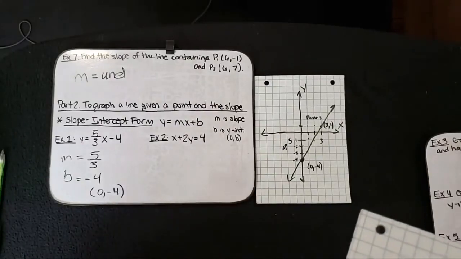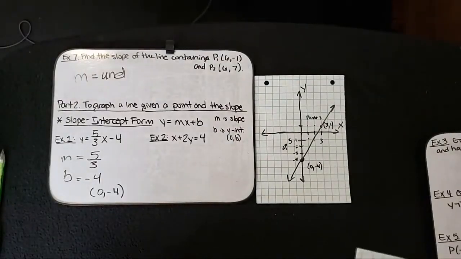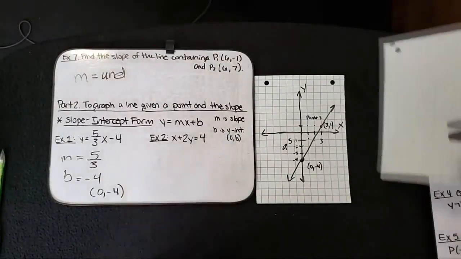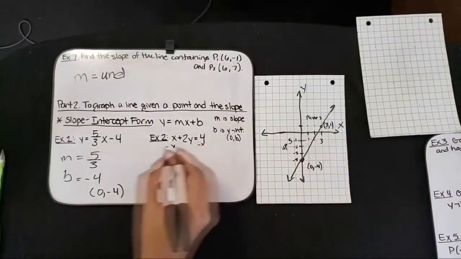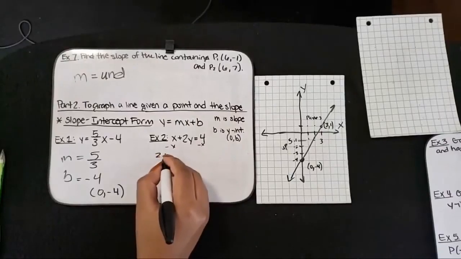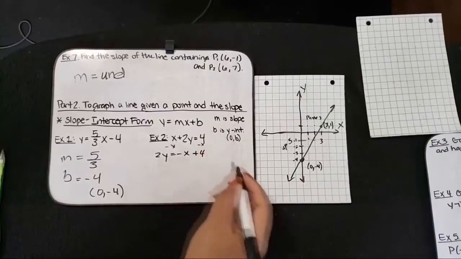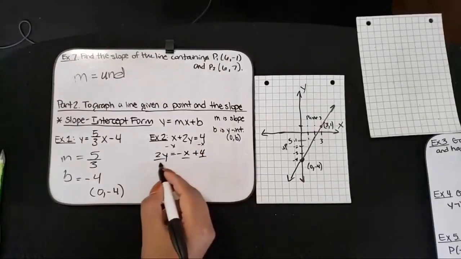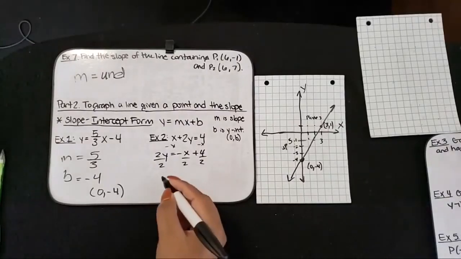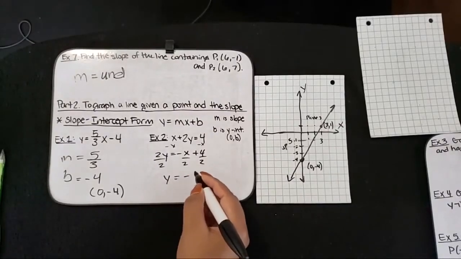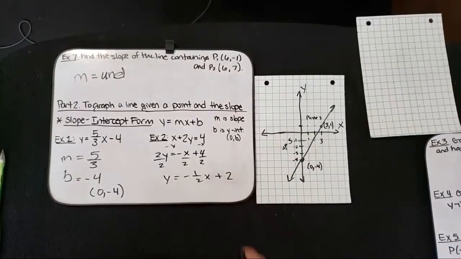Hopefully you remember how we did that yesterday. We subtracted x on both sides. Then we were left with 2y equals -x plus 4. Then we divided everything by 2, and we were left with y equals -1/2 x plus 2.